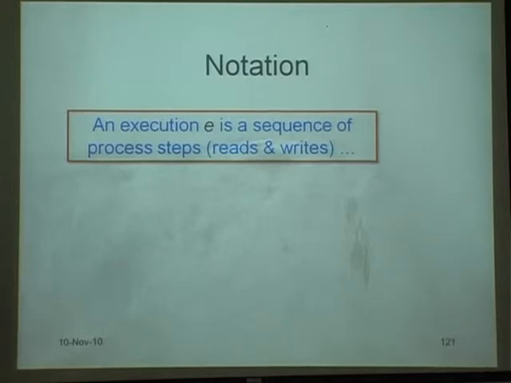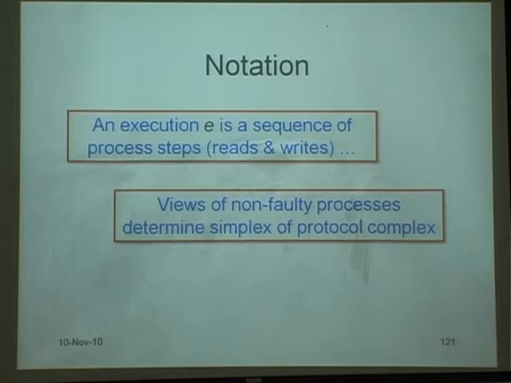So we're also going to talk about executions, which is a sequence of process steps, reads and writes. We sort of dive down when we want to talk about a specific model. We'll talk about executions, and then we'll forget about them. At the end of an execution, the views of the non-faulty processes determine which simplex of the protocol complex you're in.